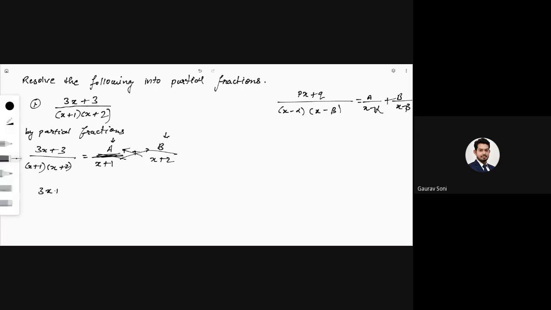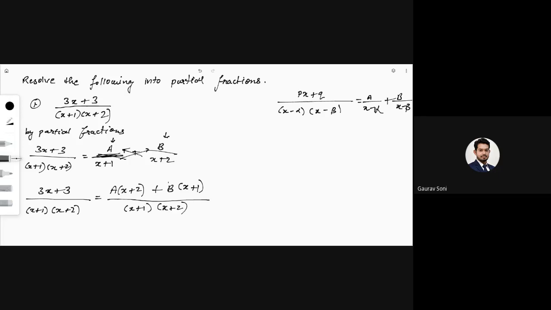So (3x + 3) upon (x + 1)(x + 2) is equal to, when you cross multiply, a into (x + 2) plus b into (x + 1), and you multiply the denominator (x + 1)(x + 2).